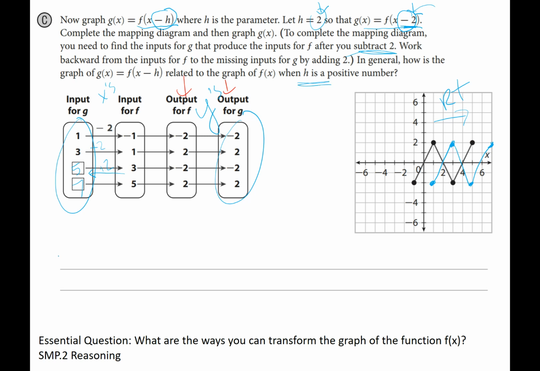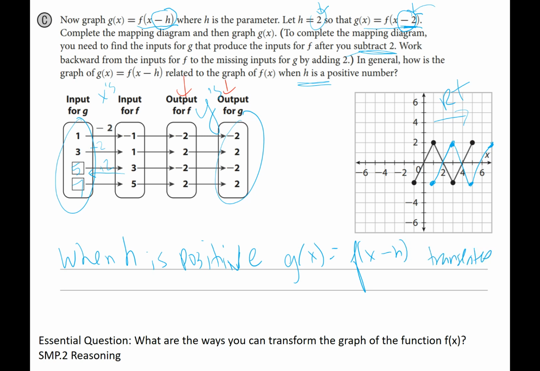So we would say when h is positive, g of x equals f of x minus h translates to the right, h units. Okay.